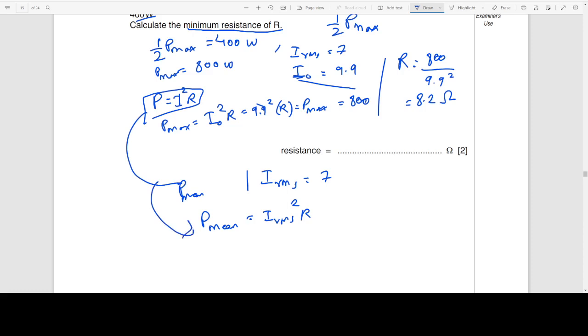We just used I RMS instead of I naught, and we'll have the mean power if we use RMS. So 400, we'll use the mean power 400 as given in the question, equals 7 square into R, and R is equal to 8.2 ohm. Again, same answer.